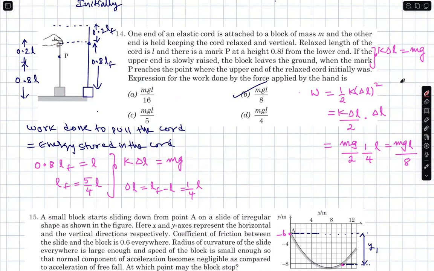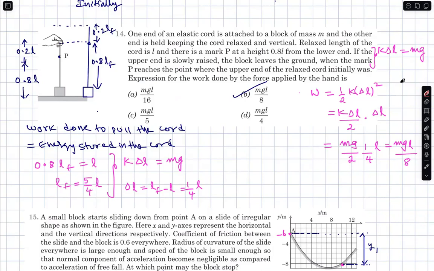If the upper end is slowly raised, the block leaves the ground at some point. Remember a point here. There is a mark P, which you can see on the diagram, and its height is 0.8 L. You are raising it slowly, so it will stretch gradually.